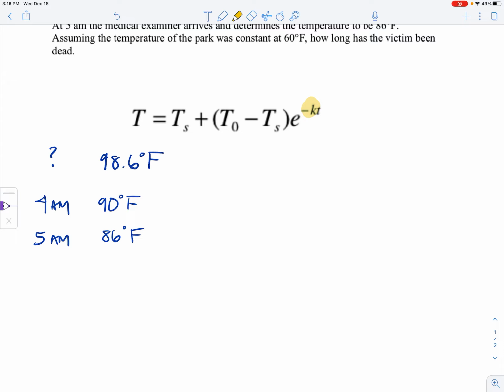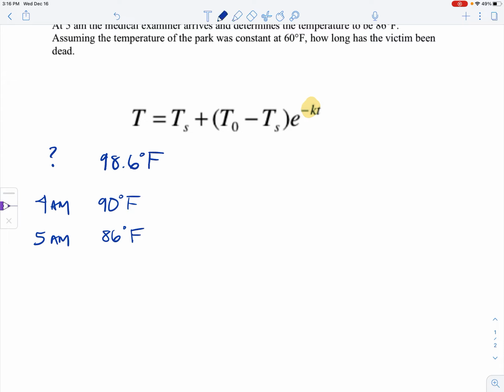Initially, you might think, when the person's alive, that would obviously be t equals 0, so you would plug 98.6 degrees Fahrenheit into T sub 0. The thing is, that's not super helpful because then you can't use the other information as a data point. You don't know how long after the person died 4 a.m. or 5 a.m. is.